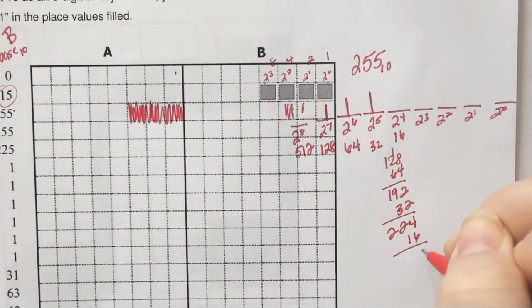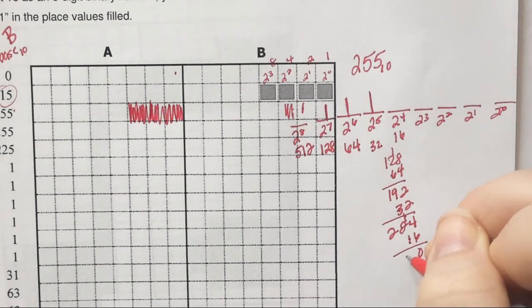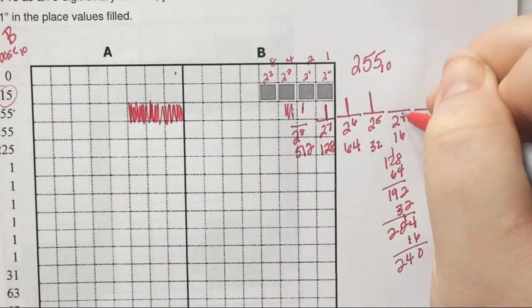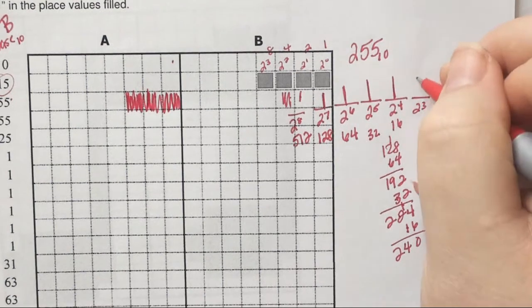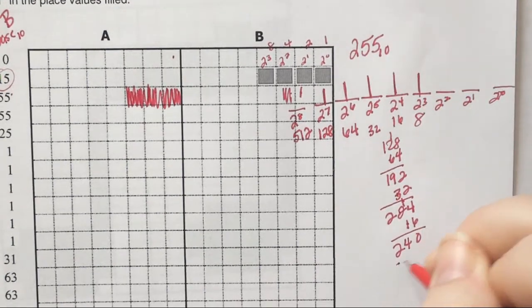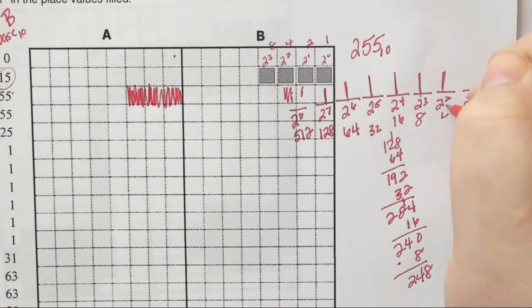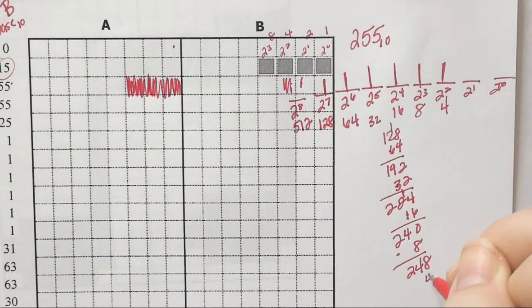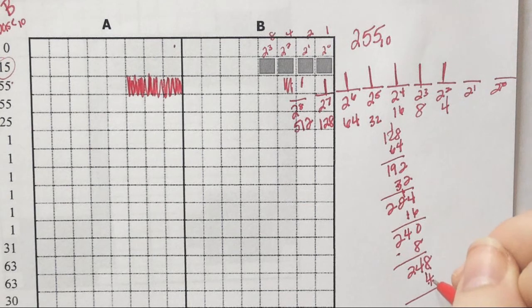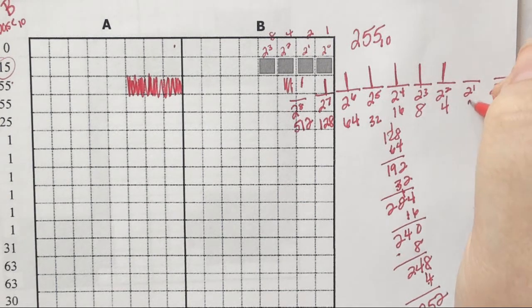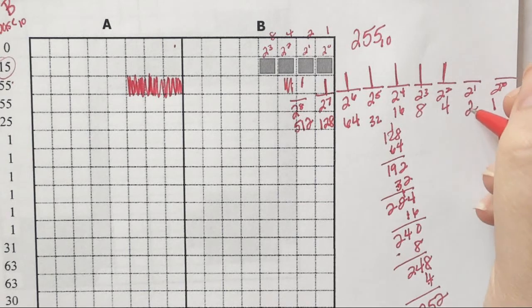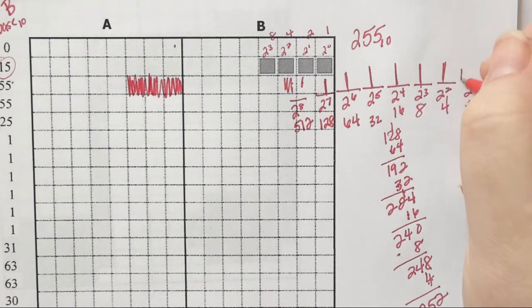Let's see. That's 240. Getting a little closer. Do I need an 8? Yeah, if I add 8 more, I'm at 248. If I add 4 more, I'm at 252. I'm getting so close. Do I need 2 more and 1 more? So 253, 254, 255. So I need all of these.